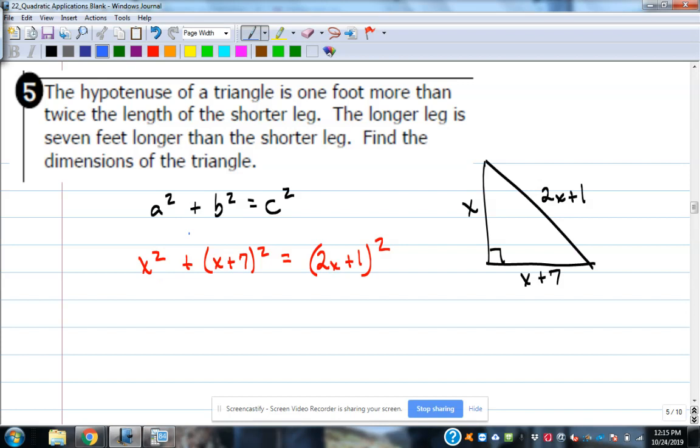So we got x squared plus x squared plus 14x plus 49, and this will be 4x squared plus 4x plus 1, because there's addition in between. The square root of x squared plus something else squared does not get rid of the squares. The whole side would have to be squared separately if that were the case.